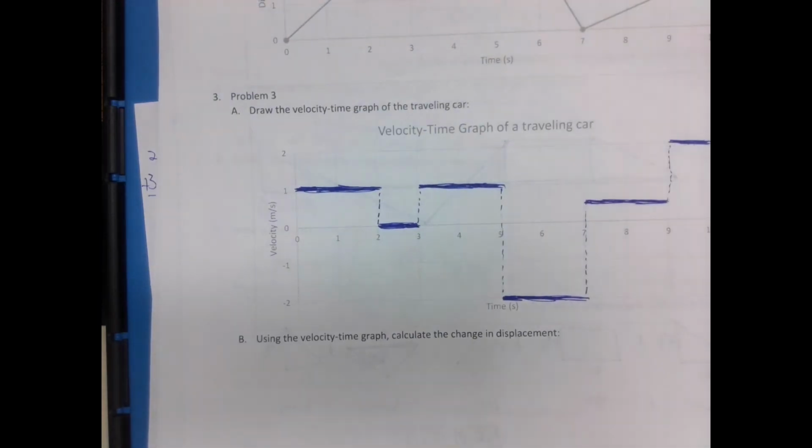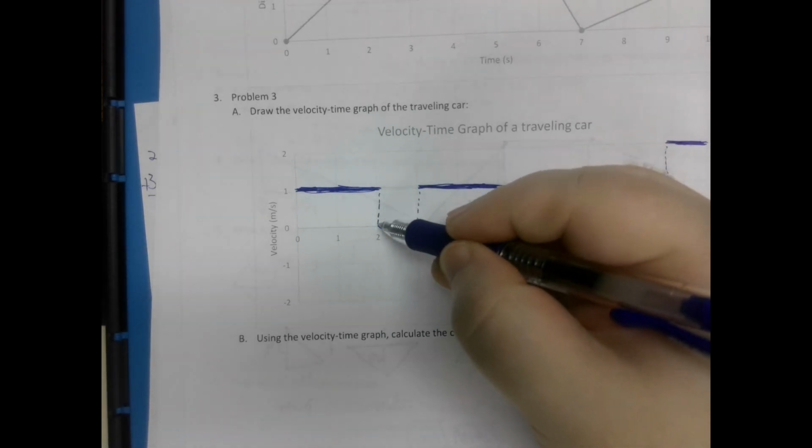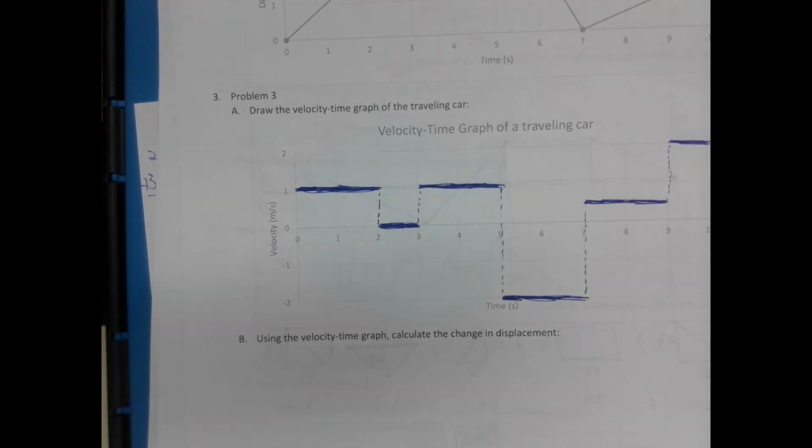This is actually the only part of the graph that's accurate. The reason why is because you can't have more than one speed at a given time. So if you have a vertical line, that tells you have all these values. The vertical line isn't really there.